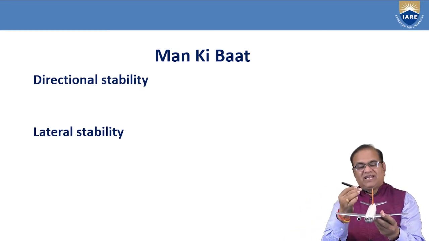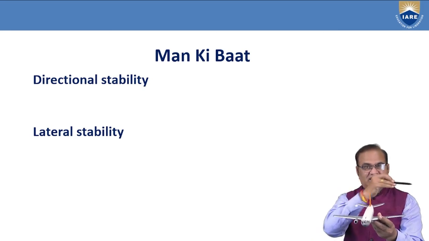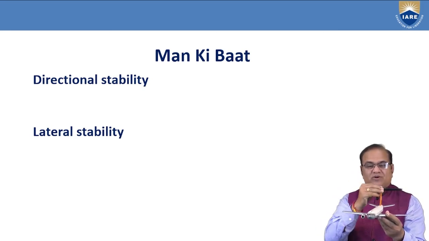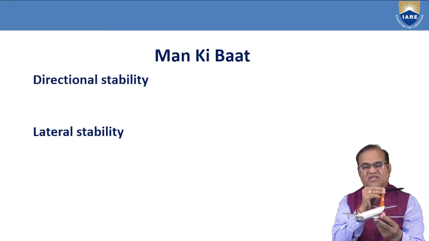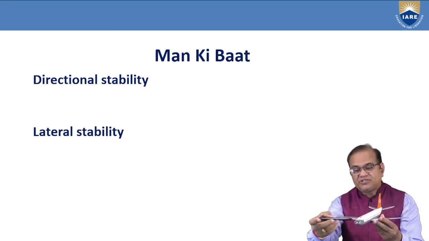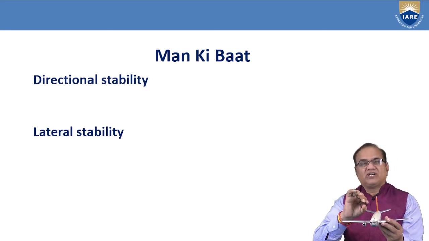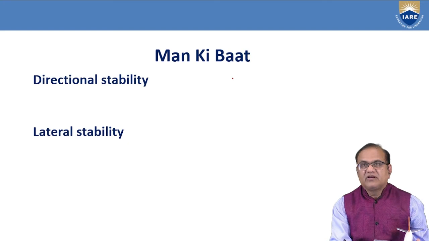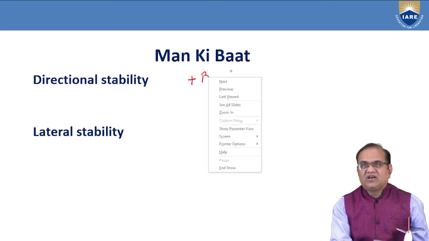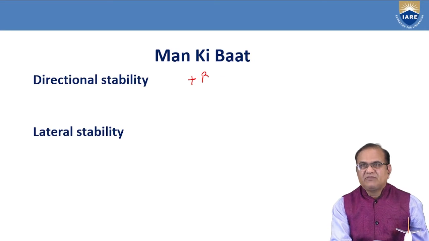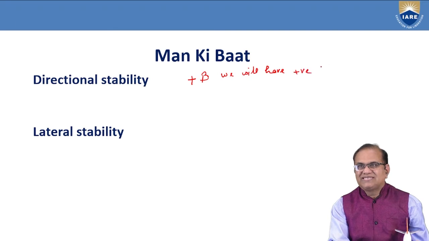The vertical tail will generate a force like this in the left direction, and it will try to move towards the beta. So for positive beta, the coefficient of yawing moment is also positive. In this case, for directional static stability, for positive beta, we will have positive Cn.